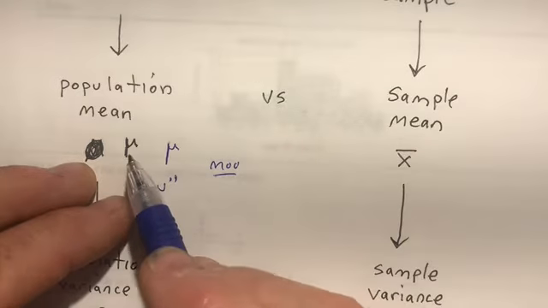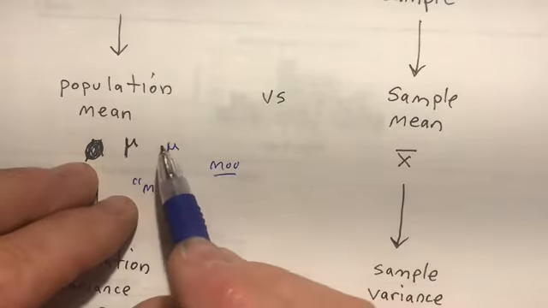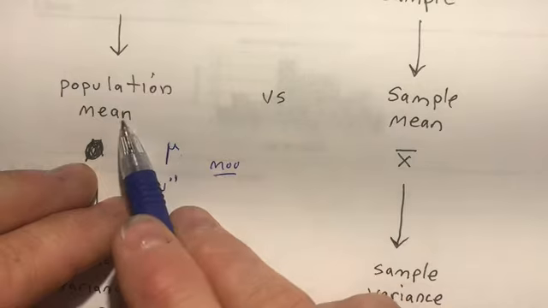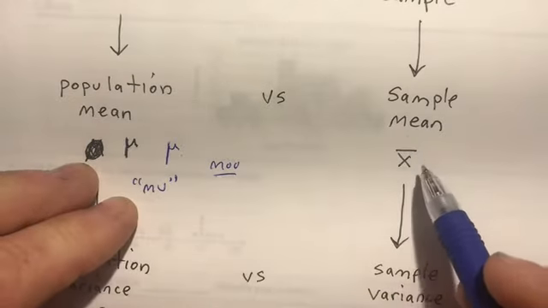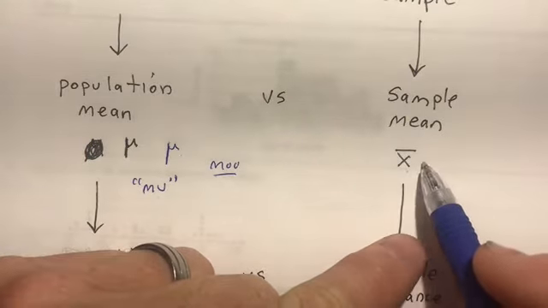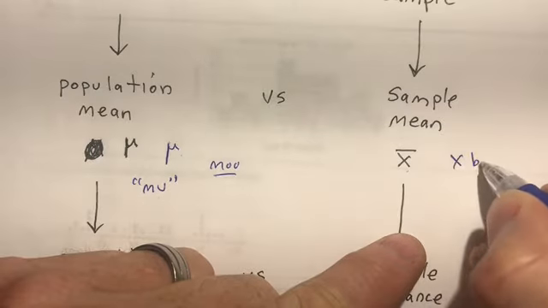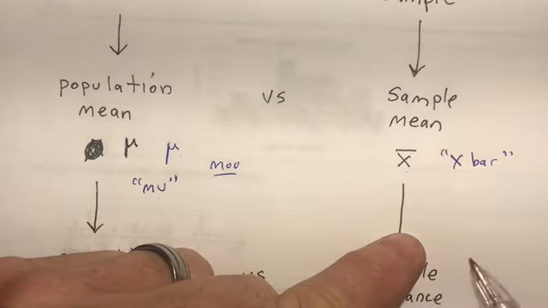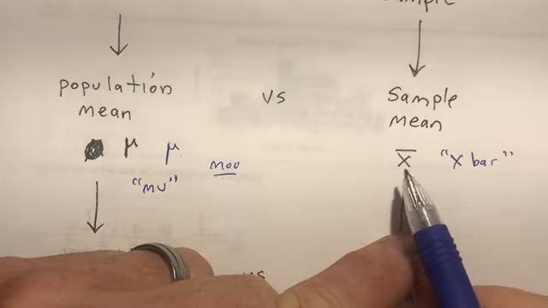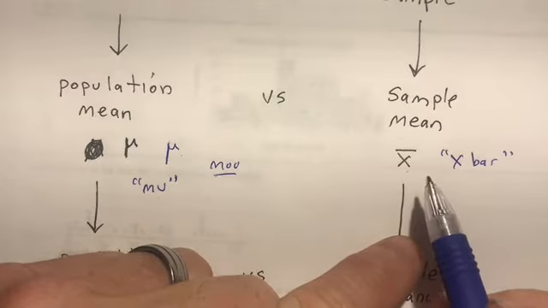And this is a Greek letter. This is what we use when we're talking about the population mean. Now the sample mean, we just use x bar. This is the symbol we use for the sample mean, okay?